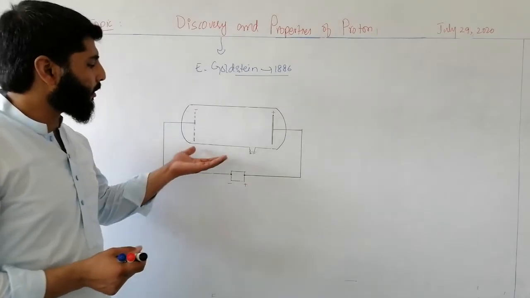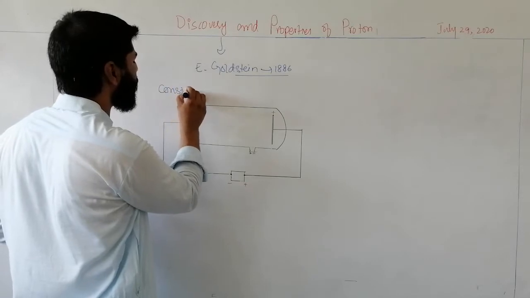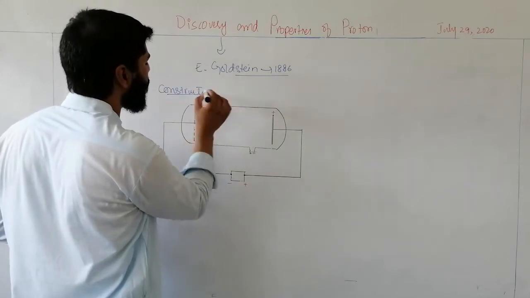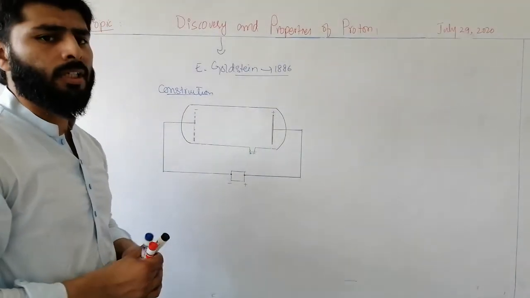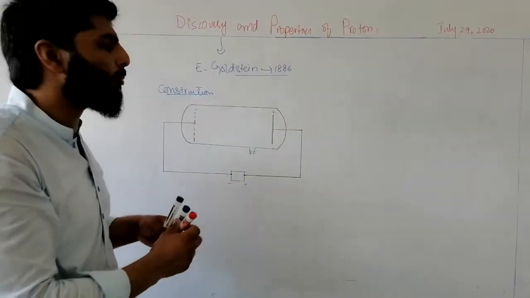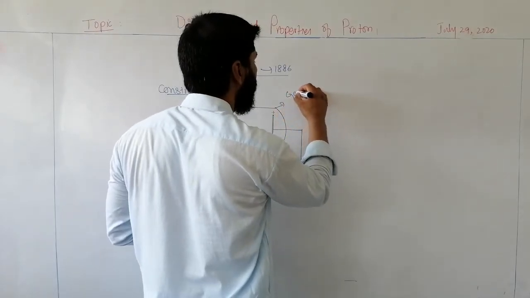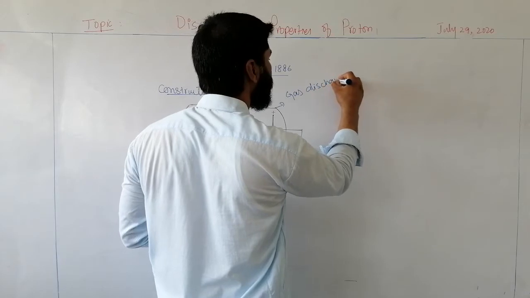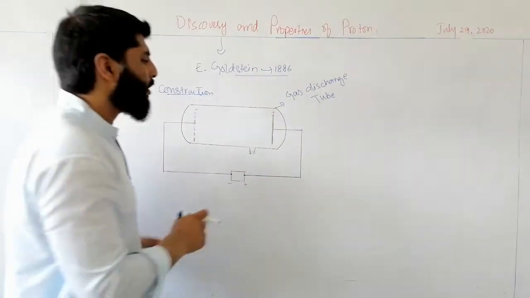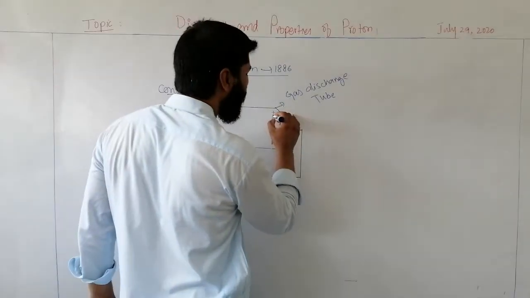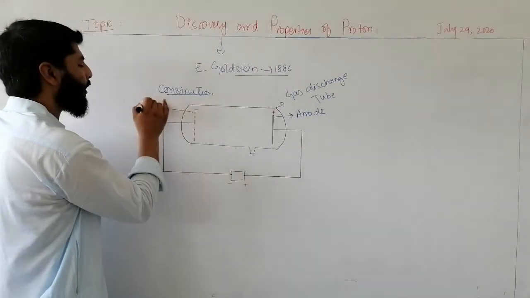Students, Goldstein set this instrument, so it is the construction of this instrument. He devised the gas discharge tube experiment in which he used a glass gas discharge tube composed of some fluorescent material. The gas discharge tube is fitted with two electrodes, two metallic rods, one acting as anode and the other acting as cathode.